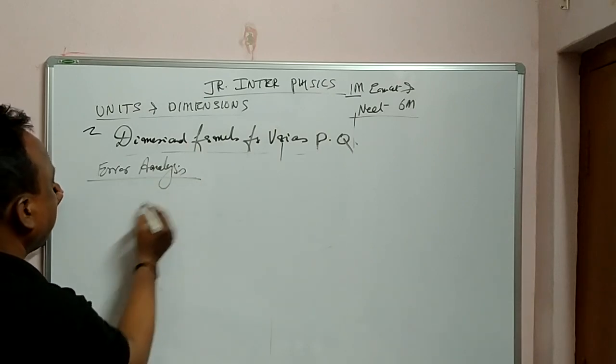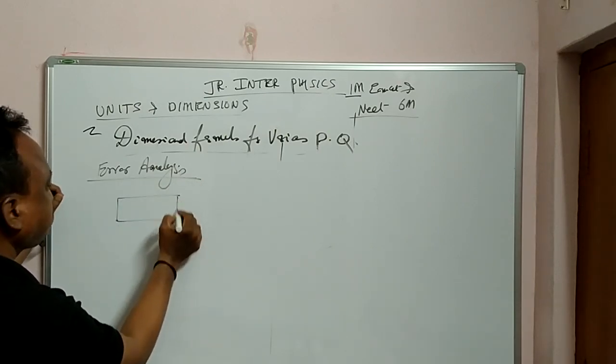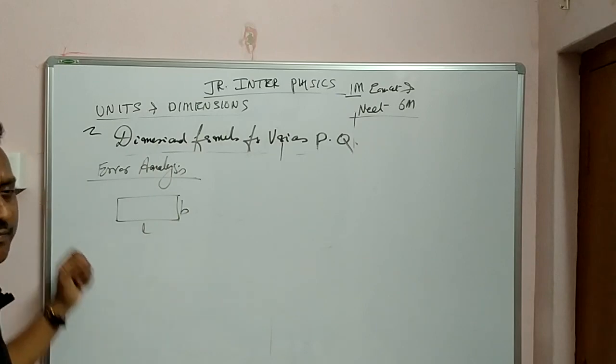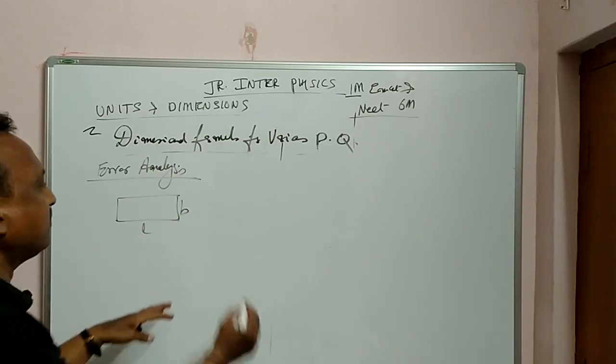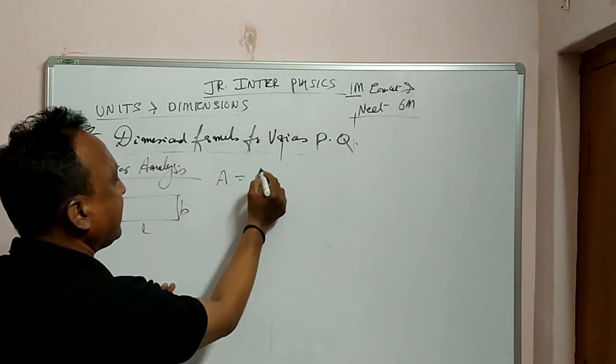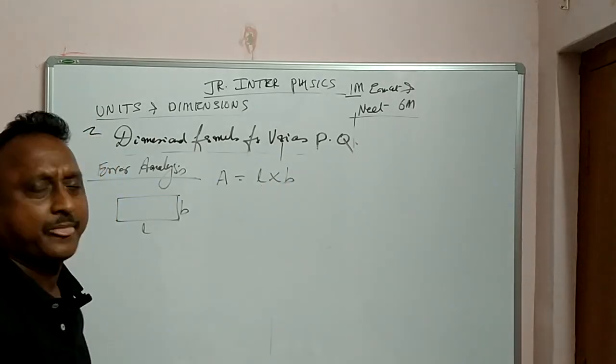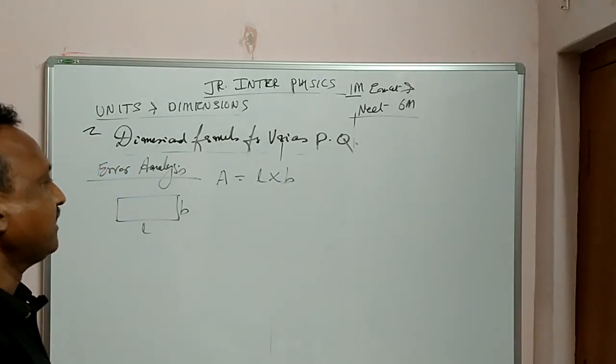You can see, for example, a rectangle is given to you. L and B are the length and breadth of the rectangle. He will ask you, what is the error in finding the area of the rectangle? What is area?